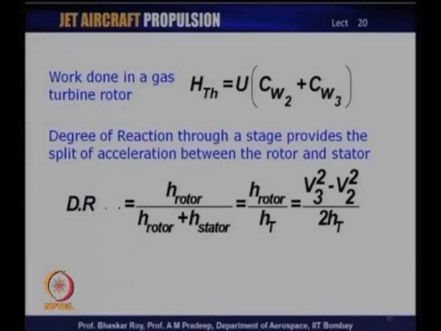So, this split of acceleration or conversion of potential energy to kinetic energy is done through this degree of reaction parameter, and typically the degree of reaction values that we would see later on are indeed much lower than the values that you may have encountered in case of compressors, because in compressors typically much more of this conversion is done in a stator, in a rotor, whereas in a turbine much more of this conversion is normally done in a stator before it comes into the rotor.